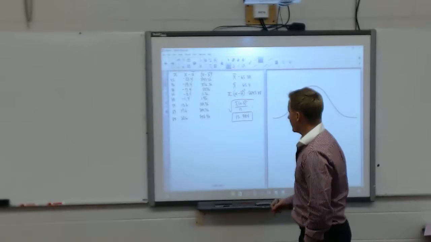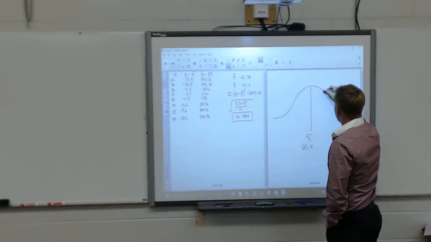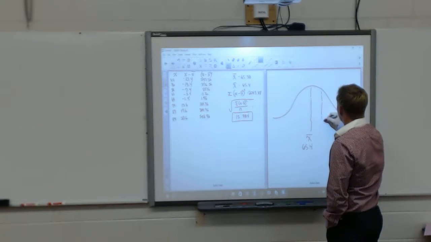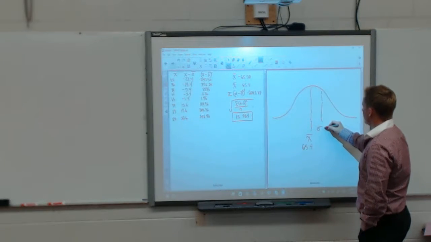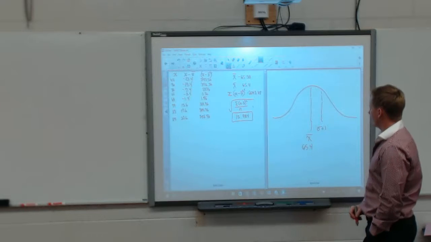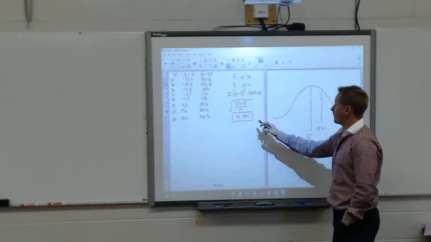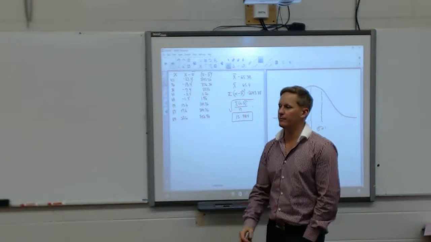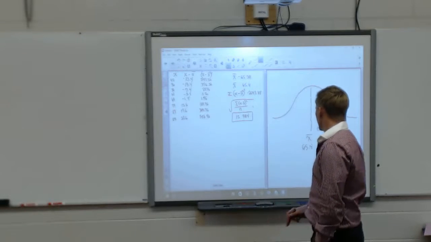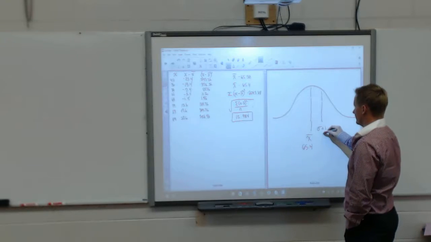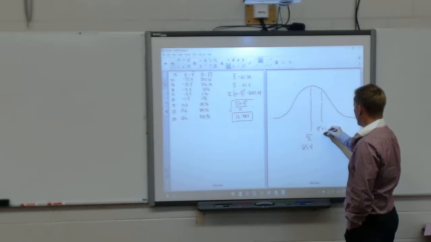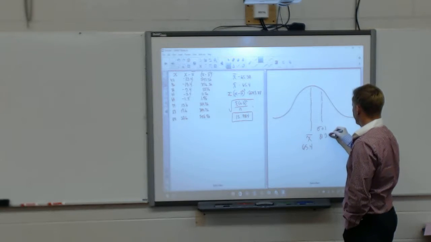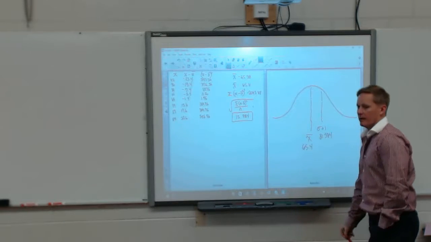One standard deviation above this, and the symbol for standard deviation is this little guy right here, is 65.4 add 15.984. So what is that? 81.384.